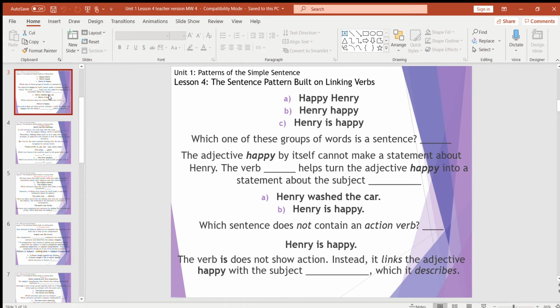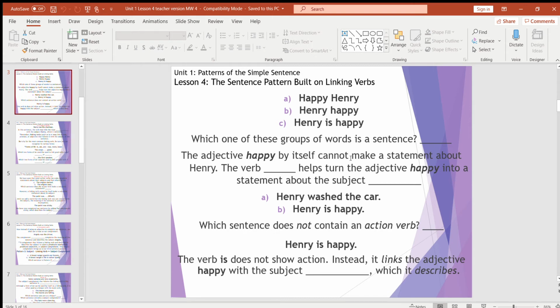Okay, so if we have happy Henry, Henry happy, Henry is happy, which one of those three word groups is by itself a sentence? I hope you said C, because C is the only one that makes sense as a sentence. The adjective happy by itself cannot make a statement about Henry.